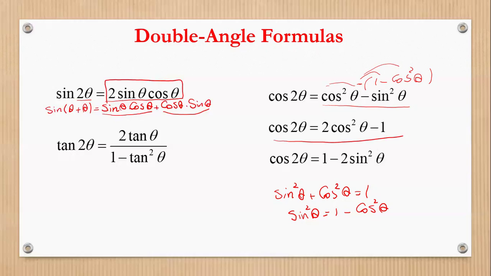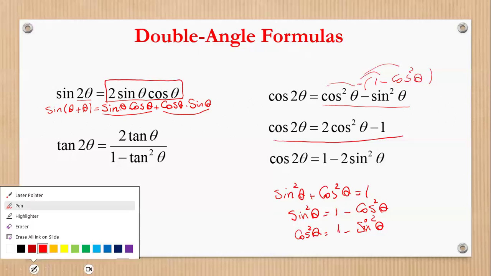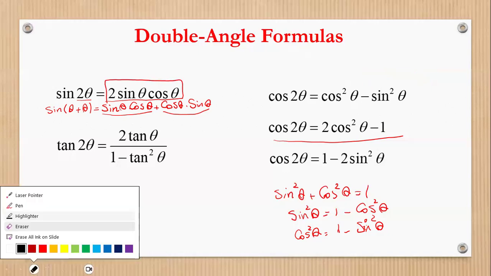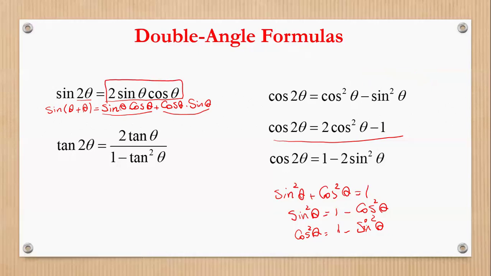We also know that the cosine square is 1 minus sine square, which means that if I replace the cosine square by 1 minus sine square, and bring down the negative sine square, and then combine the like terms, I would get 1 minus 2 sine square.